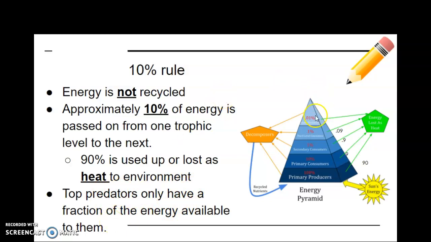And so if you were to take this quaternary consumer up here, and that loses 90% of its energy to the environment, that would leave 0.001%, a 1,000th of a percent of the total energy that we started with in the ecosystem. So there's just not a whole lot of energy left. So it's just harder to keep adding onto a food chain if you end up with less and less energy each step of the way.